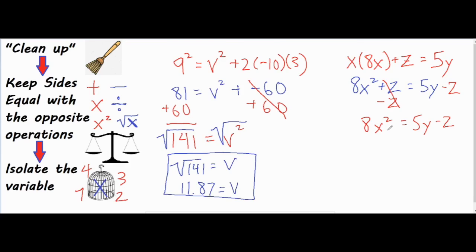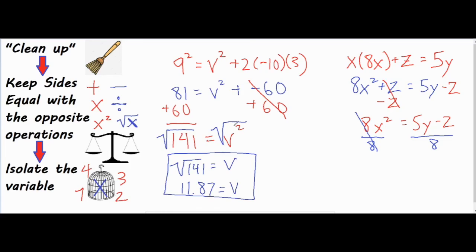Okay, after that, as I said, I want to keep on scooting stuff away from my x, so I have 8 times x squared. Anytime two numbers are next to each other, they're being multiplied, so I'm going to go ahead and divide both sides by 8. Okay, and as it looks now, we have x squared equals this entire value over here.